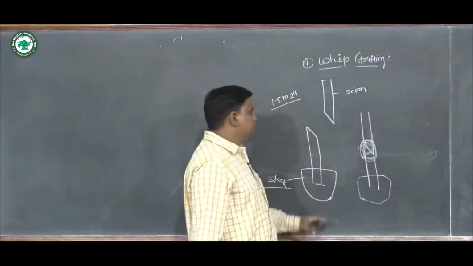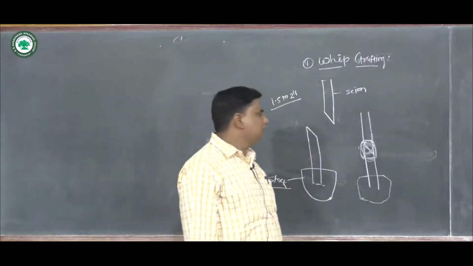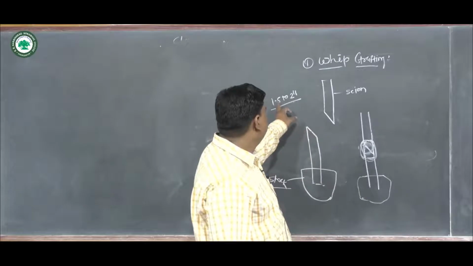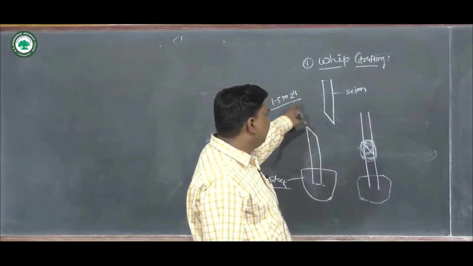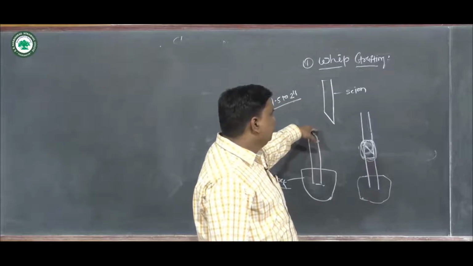Okay, so here a long diagonal cut of 1.5 to 2 inches is made at the top of the stalk.